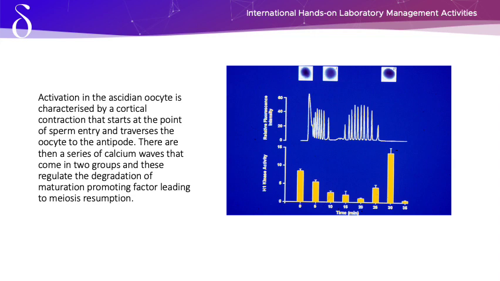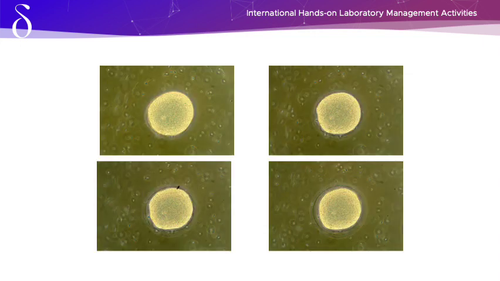Then it stops between the two meiotic divisions and starts off again towards the end of the second meiotic division. And this is correlated with the inactivation of MPF, which are the cell cycle kinases, which you can see on the bottom graph in yellow.